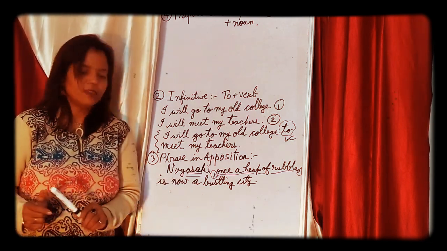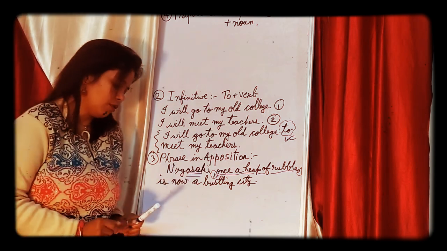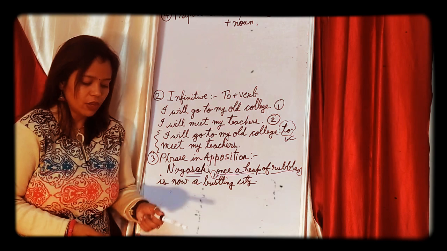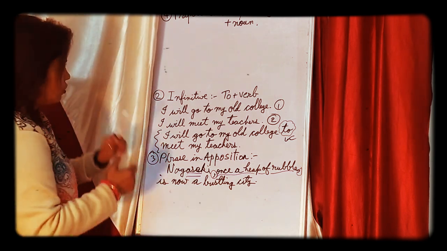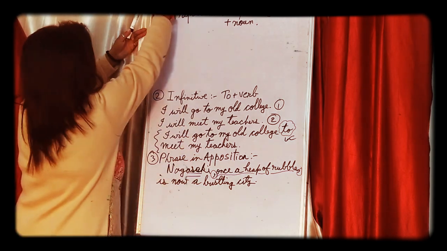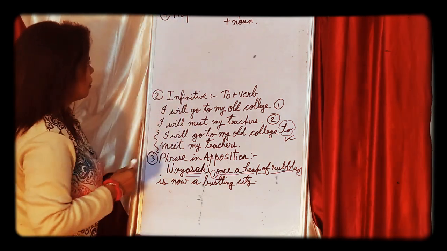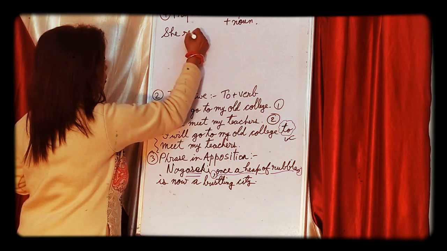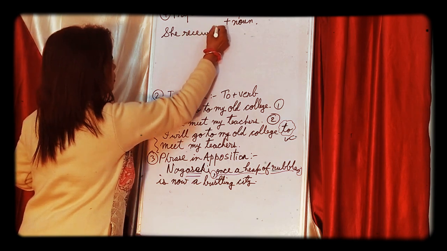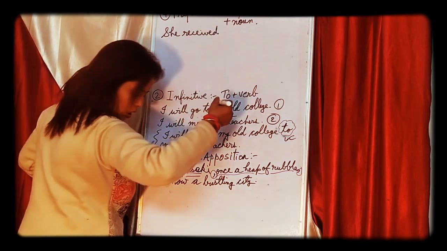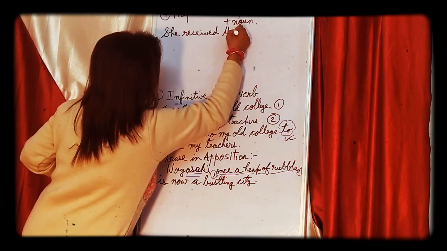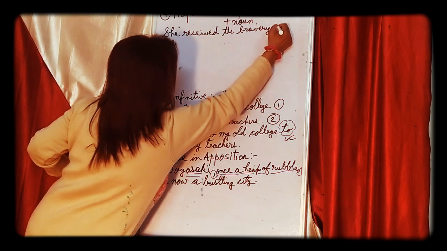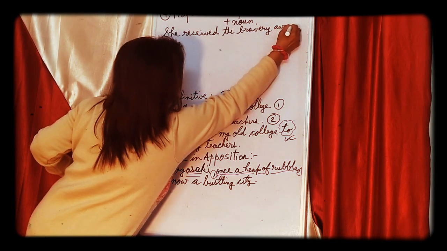For example, if I say, she received the bravery award, and the second sentence can be, she saved her brother from drowning. So how do we synthesize it by using a preposition? The sentence will be: she received the bravery award.